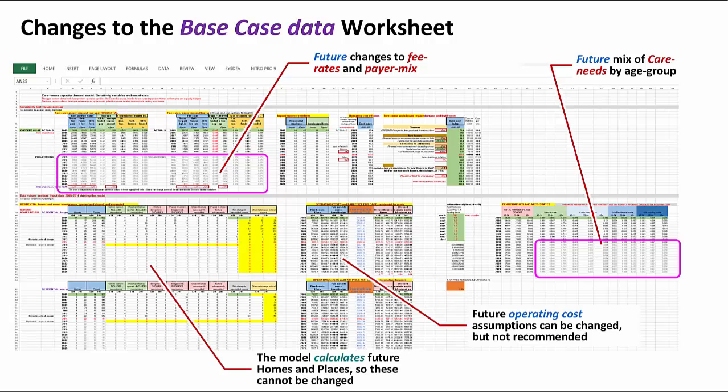The other part of the spreadsheet over here on the lower left concerns the number of homes and places, both residential places and nursing home places. Now, the only numbers that are actually used by the model are from 2005 to 2014. The numbers going forward are calculated by the model, so there isn't any point in changing any of those numbers in that part of this base case.